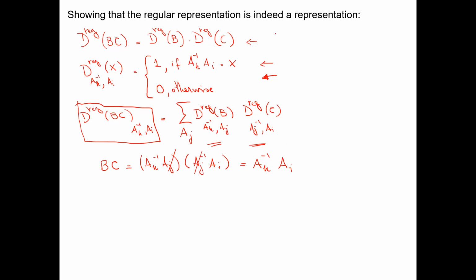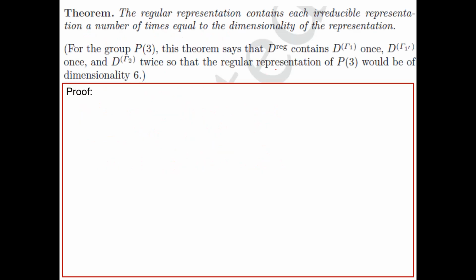And this is a proof that this relation is valid. Okay. So the regular representation is a representation of the group. Of course, it's a reducible representation of the group.